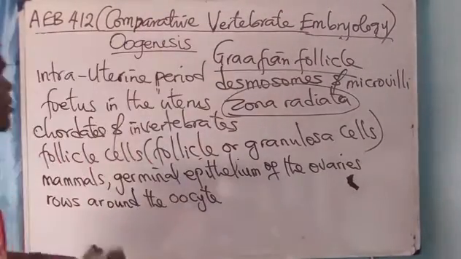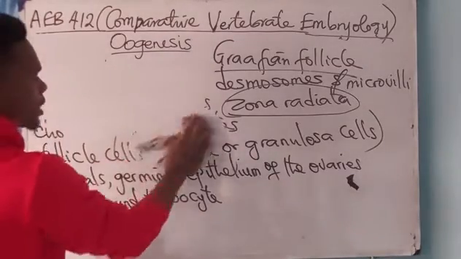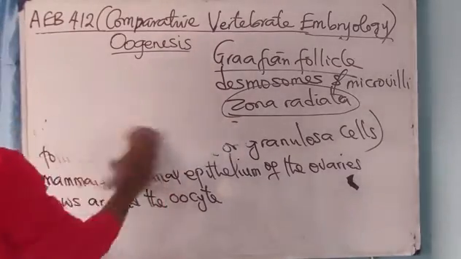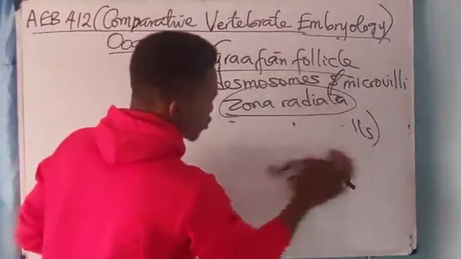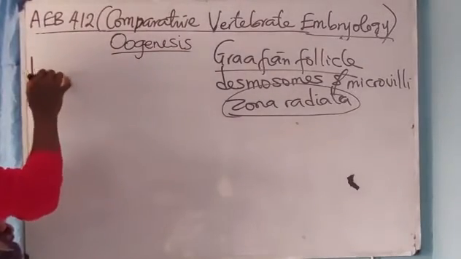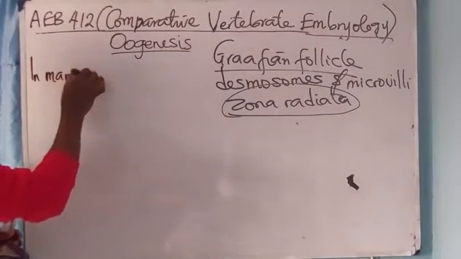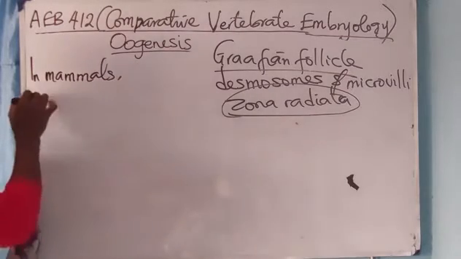Now, at this point, the oocyte does not develop further. In mammals, as soon as the oogonia proliferates, definitely you know it will produce what?